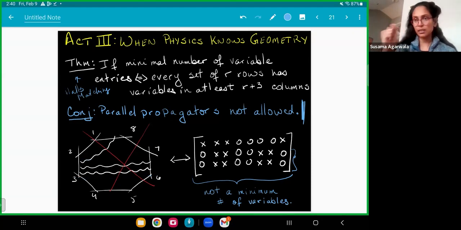Physics conjectures, they can't prove, that this should not be allowed. And Hall's matching theorem tells me that if I have this set of rules to go from my diagram to my matroid, to my variable matrices, well, of course it's not allowed, because all of a sudden this isn't minimum. I shouldn't be having that entry because I can row reduce it away. All sorts of weird things are going on. So again, my physics is somehow aware of this underlying geometry, which is fun.